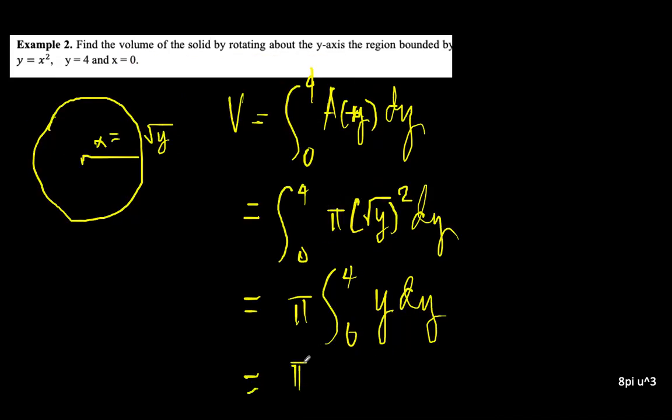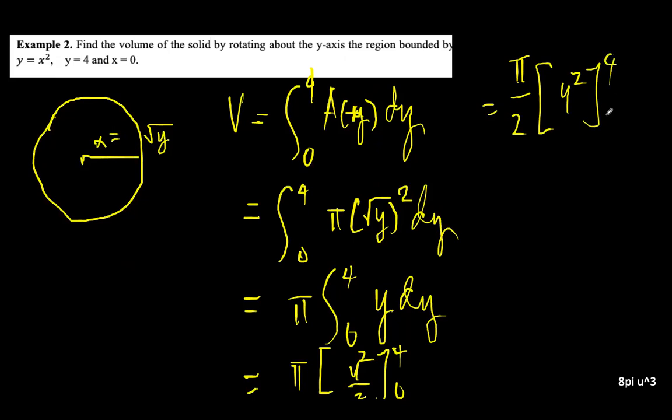And this is y square over 2, 4, 0. Okay, and let's evaluate. So pi over 2 y square 4, 0. So this is pi over 2.